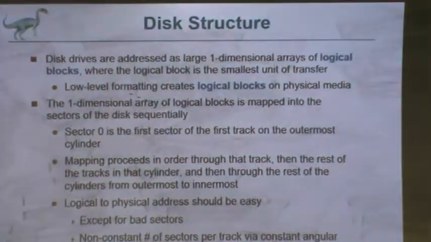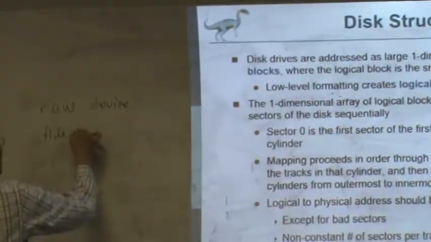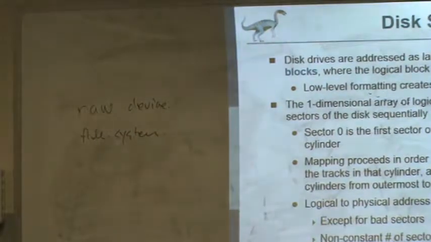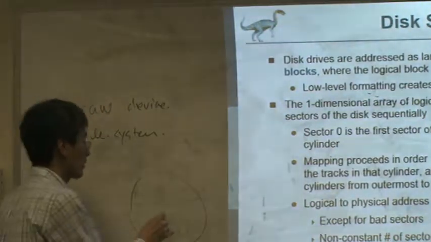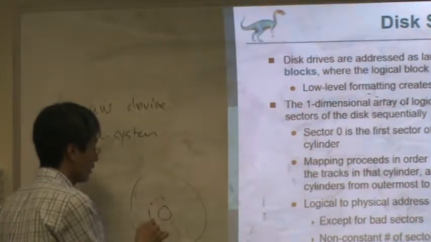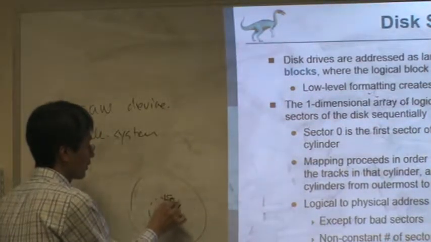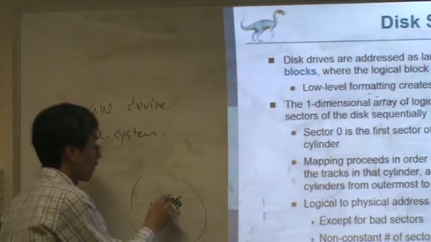Okay, then there are two types of hard disk drive use: one is raw device, another one is file system. When you store data in the hard disk drive, of the CD-ROM type, it has tracks, and each track has sectors. In each sector, you can store the data based on blocks.